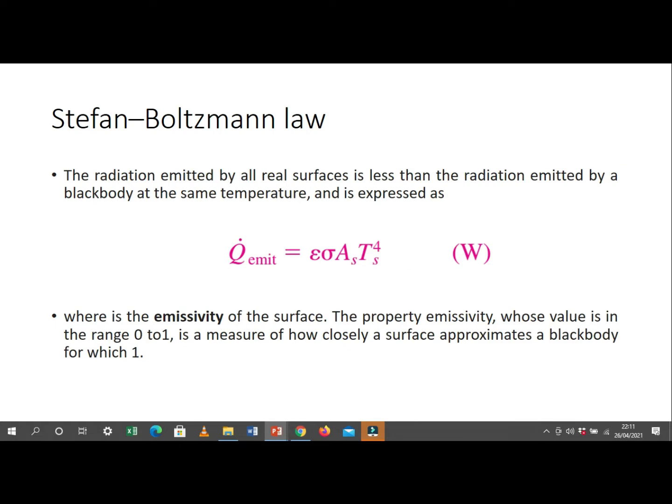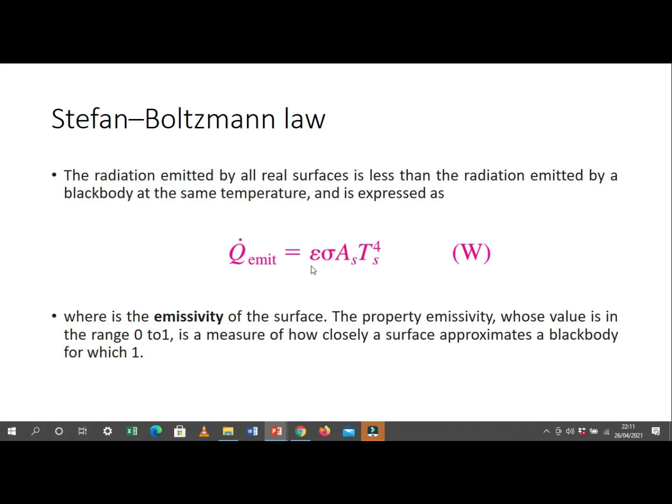This is the specialized form of Stefan-Boltzmann law, and it has a special character that is known as emissivity. So the radiation emitted by the real surfaces is always less than the radiation emitted by the black body at the same temperature, and it is expressed by this law, right?